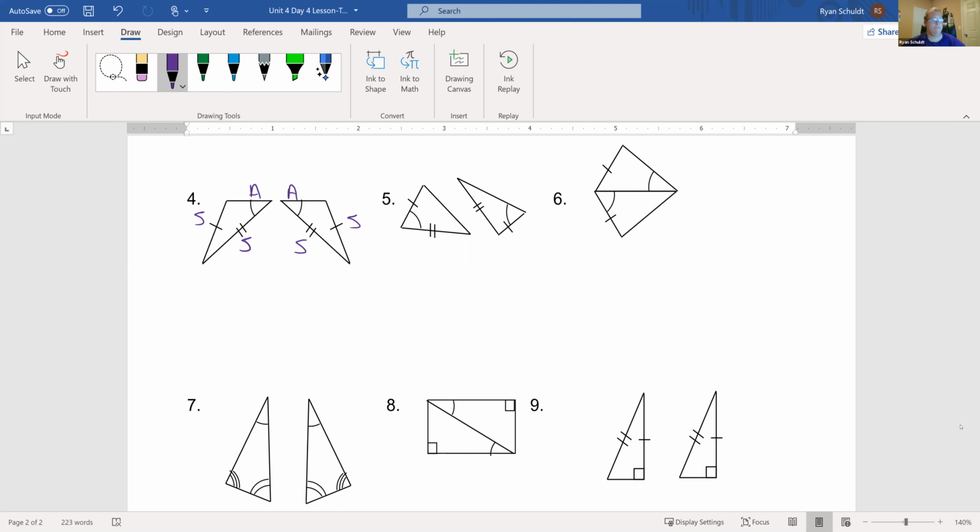No. So, can't use that. I can't say SAS because A is not in between the S's. So the A does not touch both S's. So I can't say SAS.